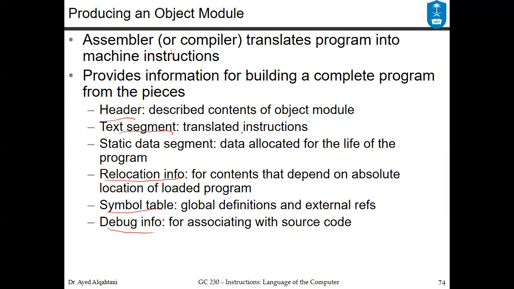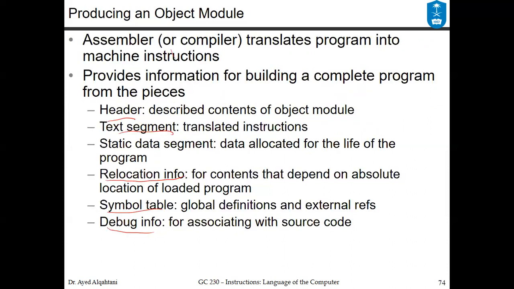The text segment holds the translated instructions or the assembly code. The static data segment is the data allocated for the life of the program. Relocation information is for the content that depends on the absolute location of the loaded program. The symbol table holds the global definitions and external references. You keep them organized in a table. The debug information is for associating with the source code.